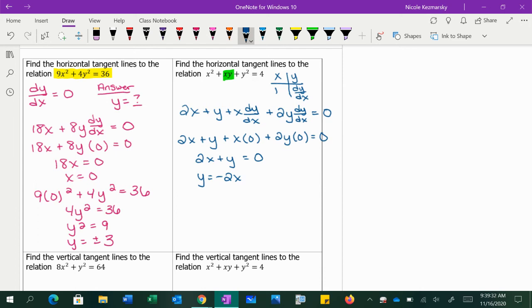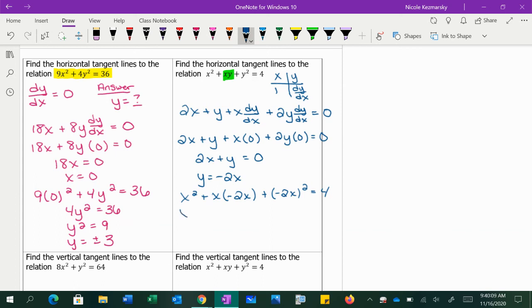Well, if y equals negative 2x, then I can go back to my equation. And this is not a horizontal tangent line because it's got an x, it's a slant line. So I'm still looking for horizontal tangent lines. I can say x squared plus x times y, which is negative 2x, using this equation right here, plus y squared, so negative 2x squared equals 4.